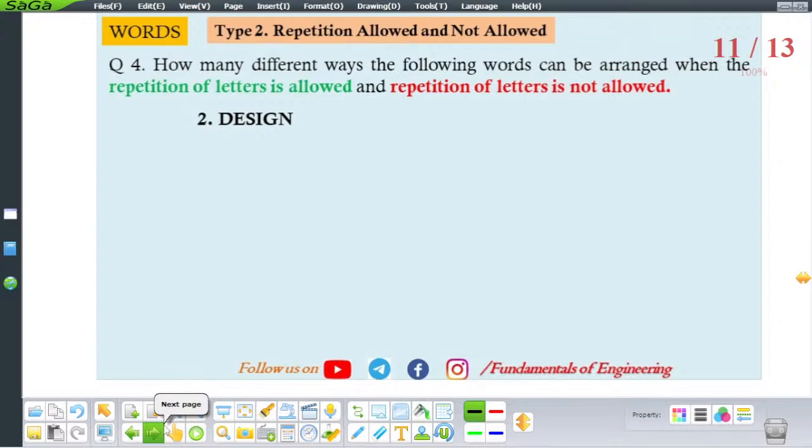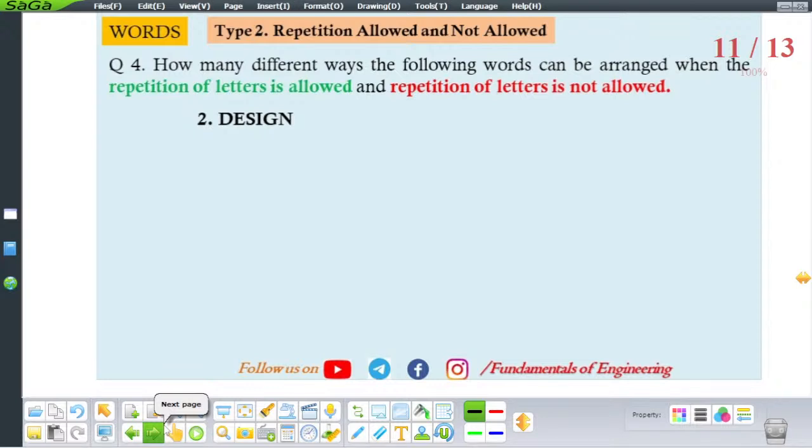So first, repetition of letters is allowed. Based on the number of letters, we have to take the power of that number. So n raised to n, that is 6 letters, 6 raised to 6.